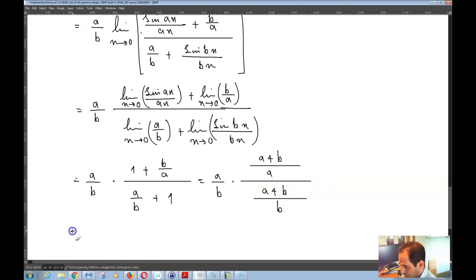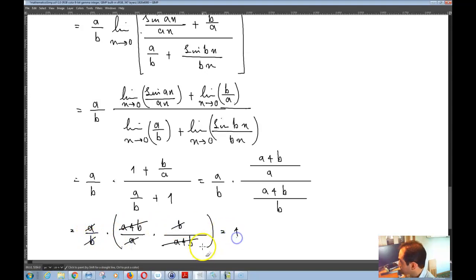So you can write this as a divided by b times a plus b divided by a times b divided by a plus b, which you can cancel out, and this is equal to 1. So number 20 is 1.